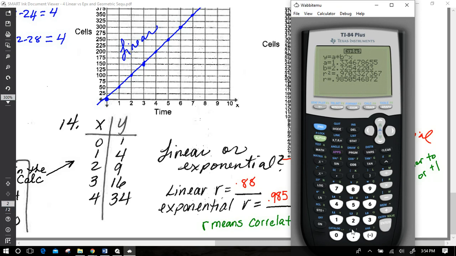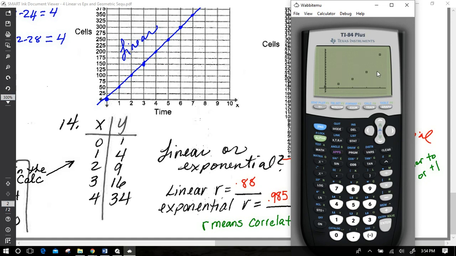Another way that we can work with these exponential models is if you go to second, y equals, turn on your stat plot, and then go to zoom stat. Remember, that's where we do our statistics, so that's number 9. And here is my data.